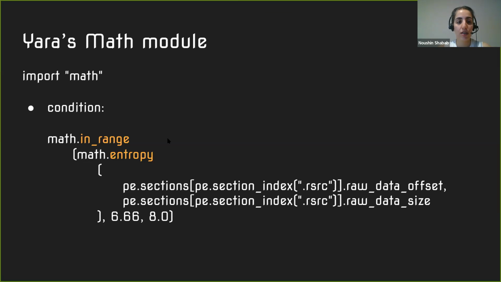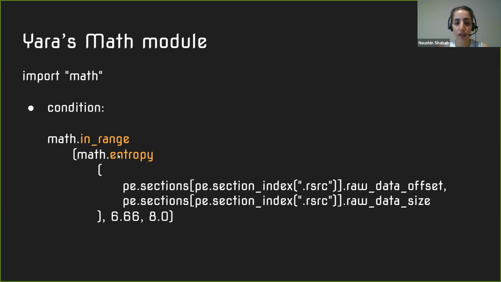As you see here, what we are trying to do is check the resource section with the name .rsrc. We are trying to find the index of a section with the name .rsrc and check the entropy of the whole section, which starts from the raw data offset until the raw data offset plus size.